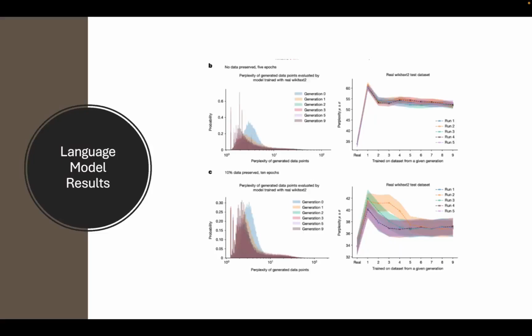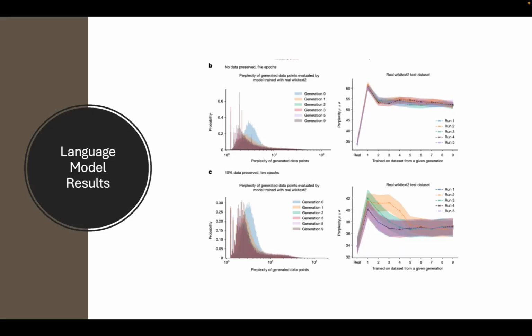And the second set shows where 10% of the data was preserved in 10 epochs. And you can see overall that the perplexity levels are lower in the group where the data was preserved versus where there was no preservation of past data.